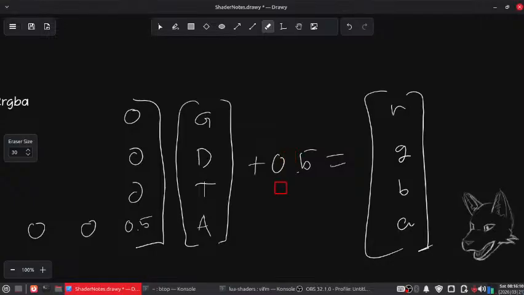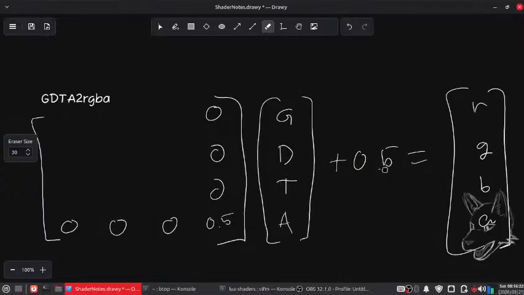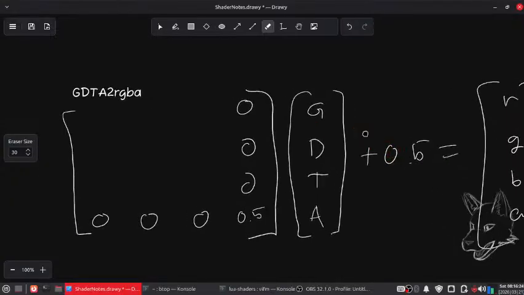No, it is plus 0.5. Yeah, this plus 0.5 equals that. Otherwise, this minus 0.5 is equal to, yeah, okay. Gotcha.